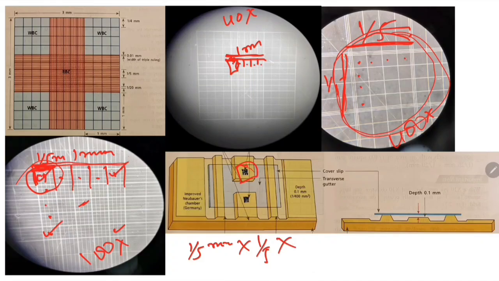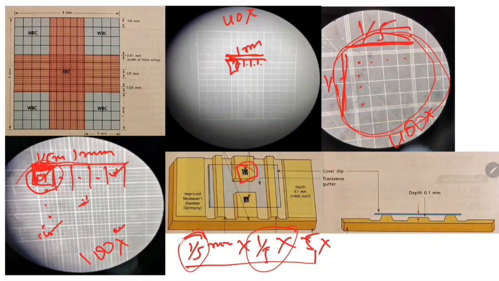So if we calculate the volume of these 5 areas, it will be 1 by 5 millimeter into 1 by 5 millimeter into 5, because we are going to count 5. 1 by 5 into 1 by 5 means one box area, and we are going to count 5 boxes. So 1 by 5 into 1 by 5 into 5 area.